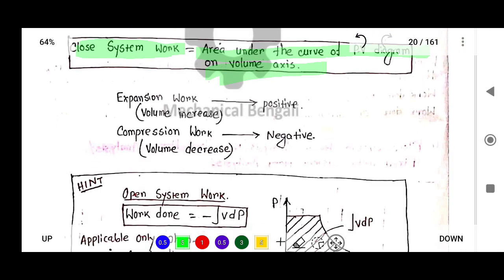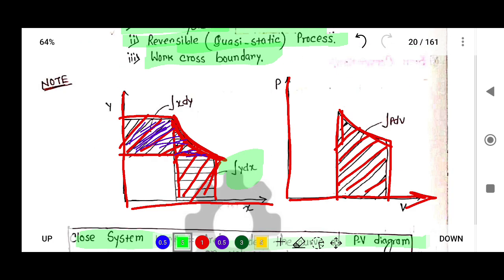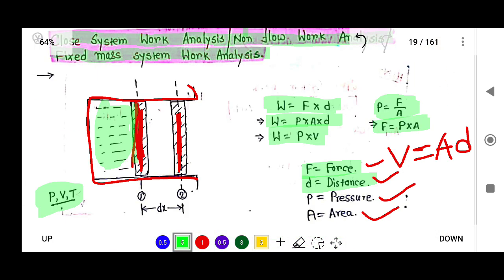Now if there is expansion work, suppose the volume increases. In the above piston cylinder arrangement, this is our initial condition. The volume increases when the piston goes to position 2.